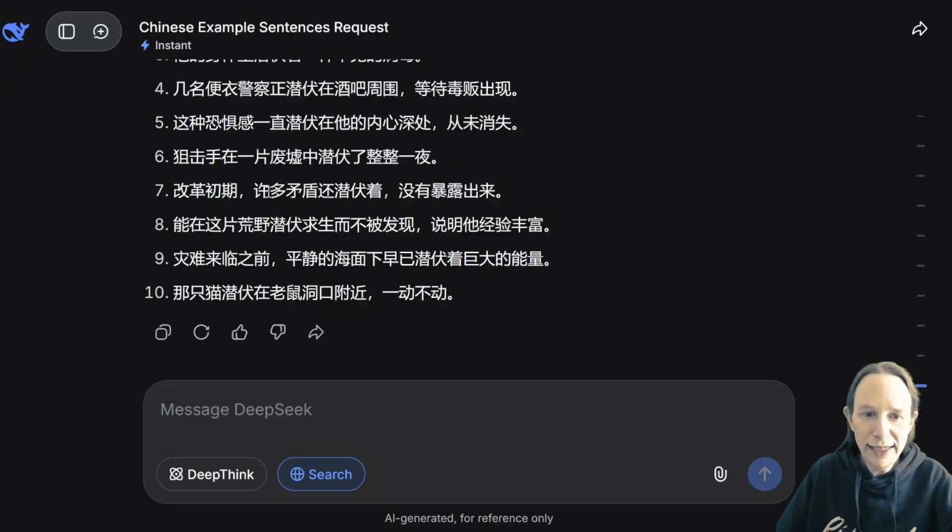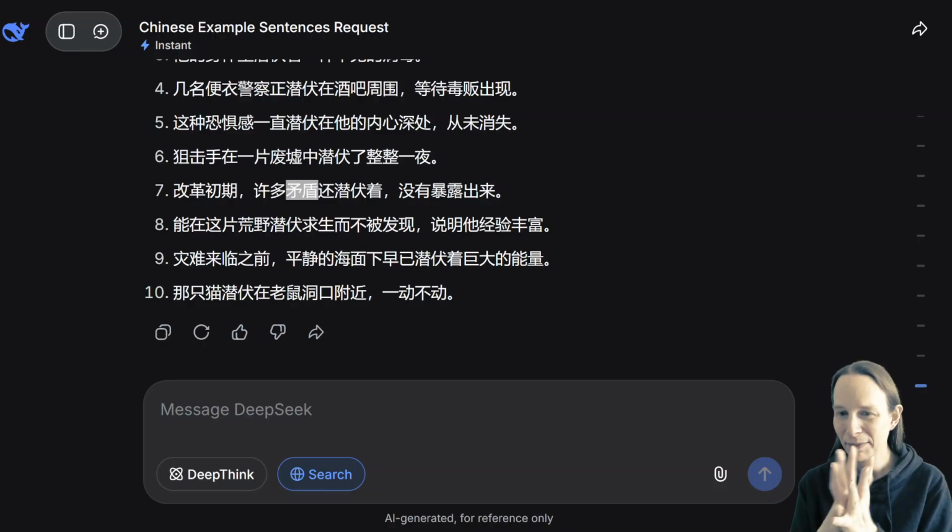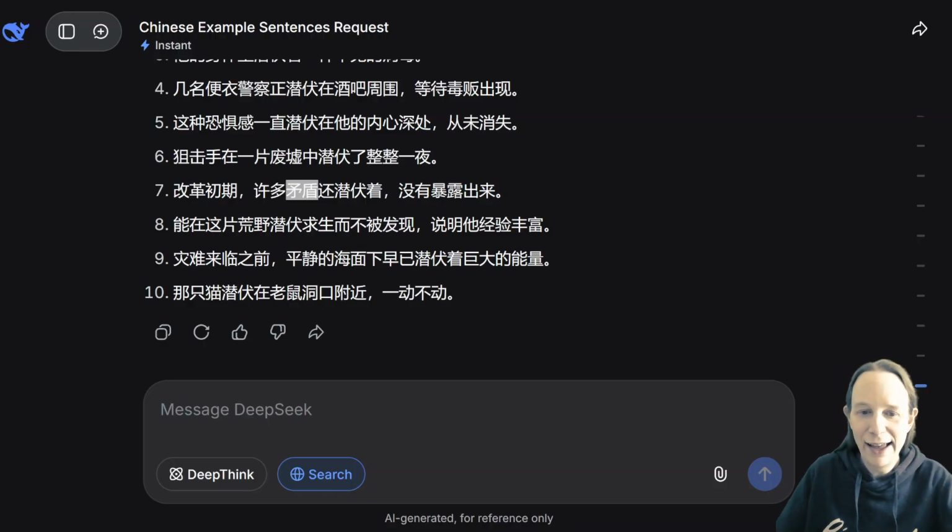改革初期许多矛盾还潜伏着没有暴露出来。Okay, so the reform left lots of 矛盾. Here it means contradiction, but here it's more like problems.